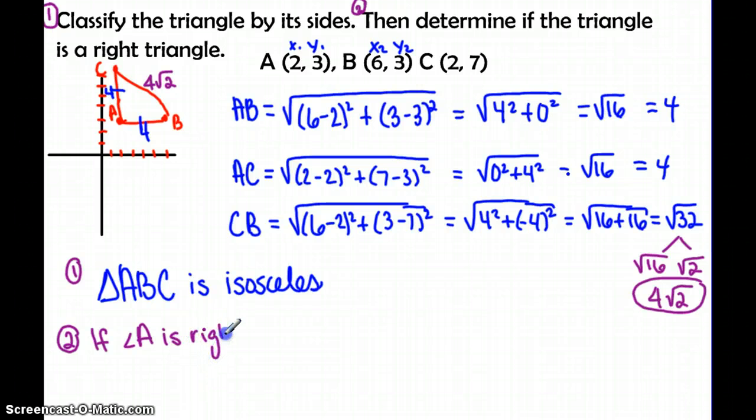And if angle A is my right angle, that would mean that line segment CA would have to be perpendicular to line segment AB. And I know from chapter 3, if those two segments are perpendicular, their slopes will be opposite reciprocals.